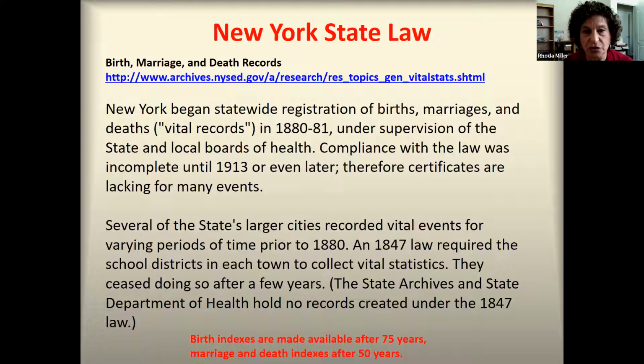So you have to research the regulations for each state, and sometimes counties within a state kept them before the state regulation. It's all different, and you've got to research. One of the really nice places to do that are the FamilySearch wikis, and all you have to do is just Google wiki, the state, and death, and something should pop up. You can also go into the state websites, and they will also provide you with the information.